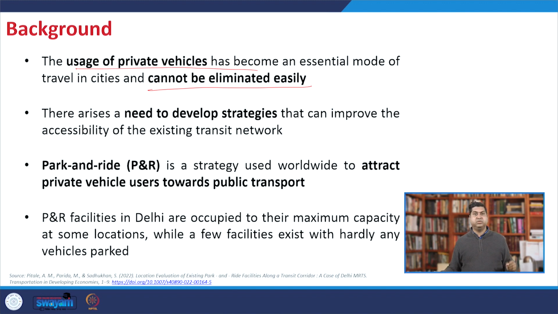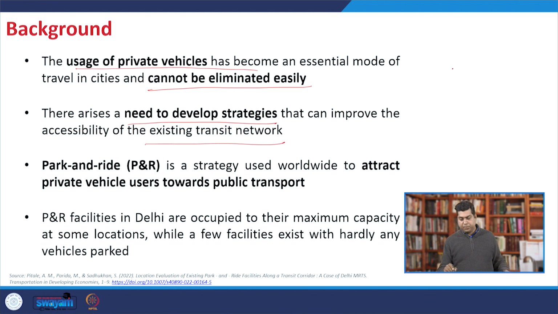And also this is not possible, because whenever I have that kind of affordability, I want to have that comfort, and definitely there is no such restriction to be made not to use the car. There arises a need to develop a strategy that can improve the accessibility of the existing transit network.